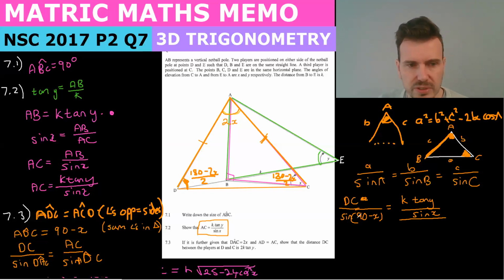So this was sine 2x. This was sine 2x, and this one here is sine 90 minus x.